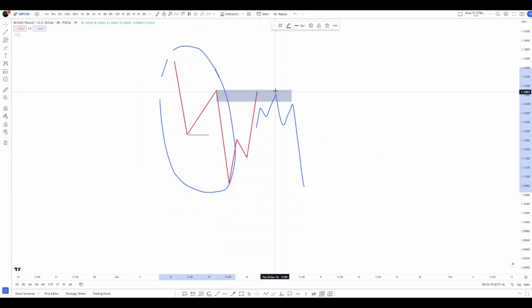Once it gets to over here, price is going to take out the last higher low that led to the higher high and create a change of character. So the safe traders wait for the price to go back to the lower time frame supply zone, and they execute their trade over here, putting their stop loss over here and targeting this previous low before the price came back to this level.